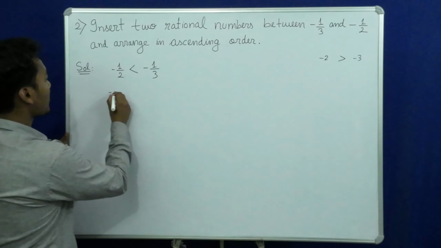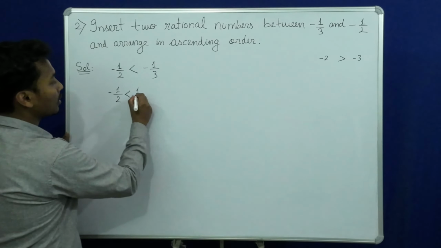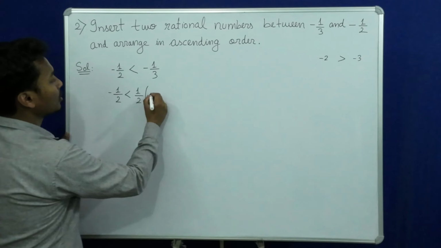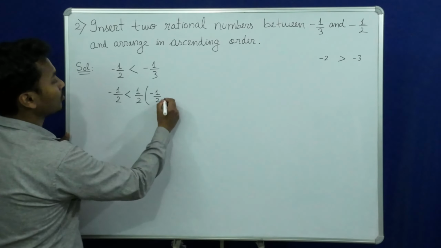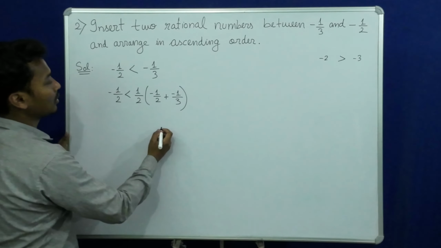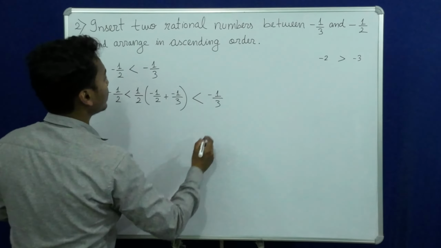So in the next step, -1/2 less than, applying the formula, half of the sum of these two, -1/2 plus -1/3, less than -1/3.